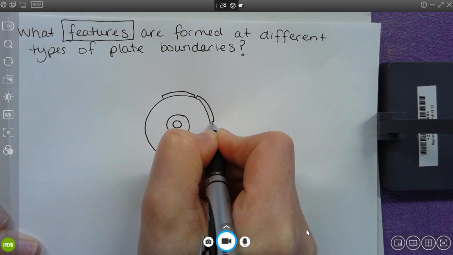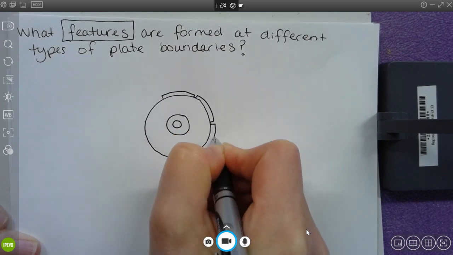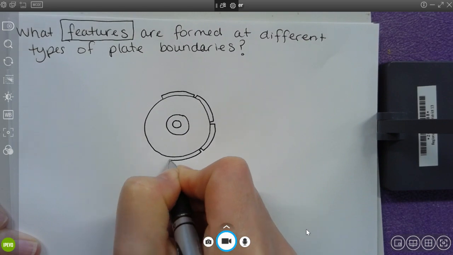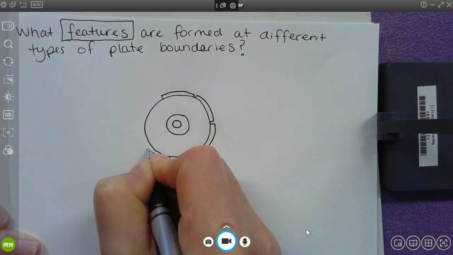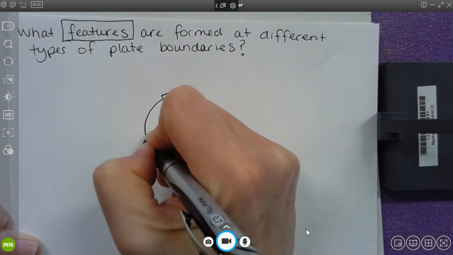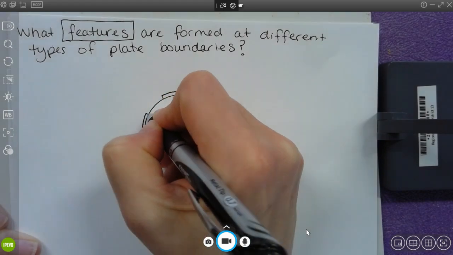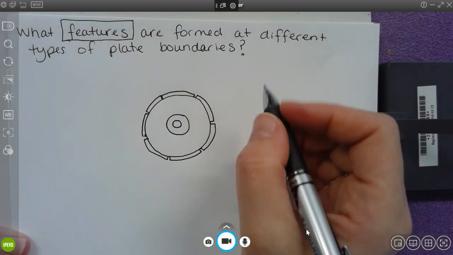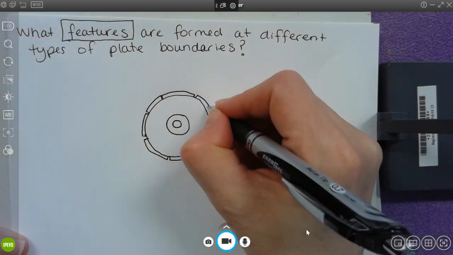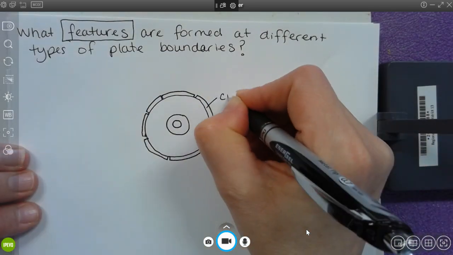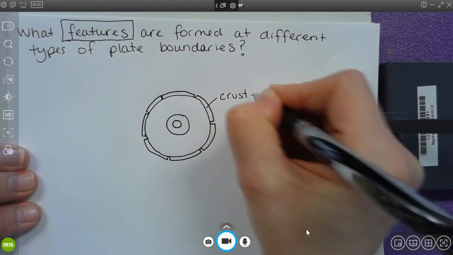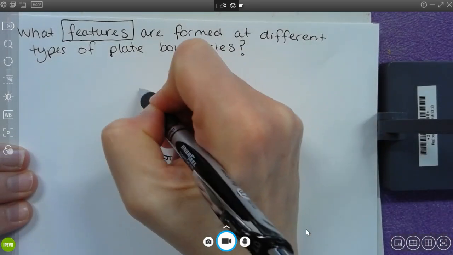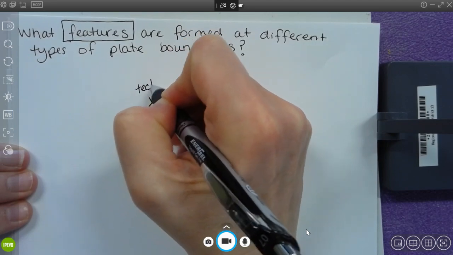So the plates rest on top of the mantle, forming boundaries in between them. I'm kind of exaggerating those boundaries, but we know that right on the top we have the crust. These are tectonic plates.